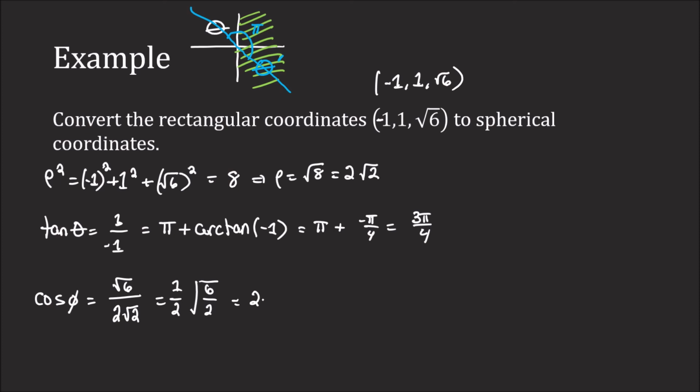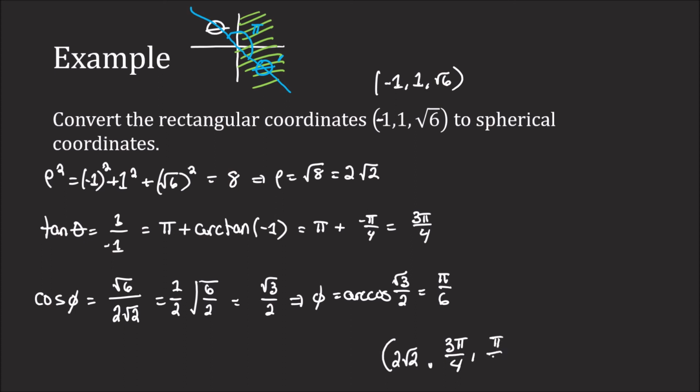So we get 1/2 root 3. So root 3 over 2. This means that phi is the arc cosine of root 3 over 2, and that is pi over 6. So our point is 2 root 2, 3 pi over 4, pi over 6.